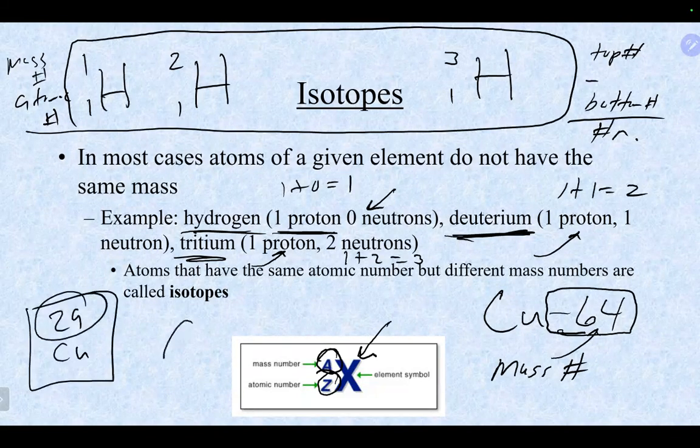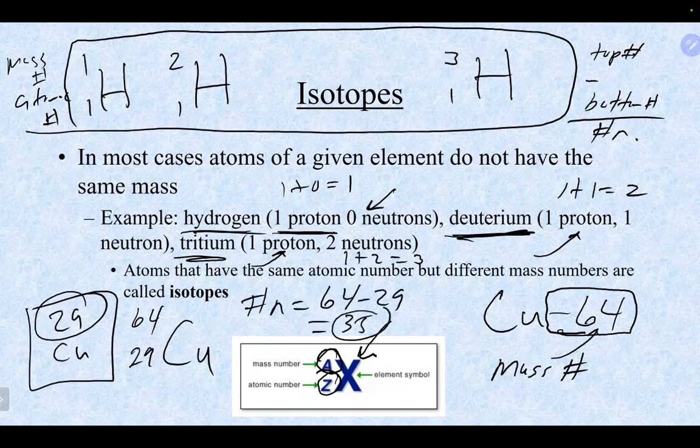If we wrote it like our formula here, it would be 64 on top and 29 on the bottom. In this case, the number of neutrons would be 64 minus 29, which is 35, would be the right answer there.